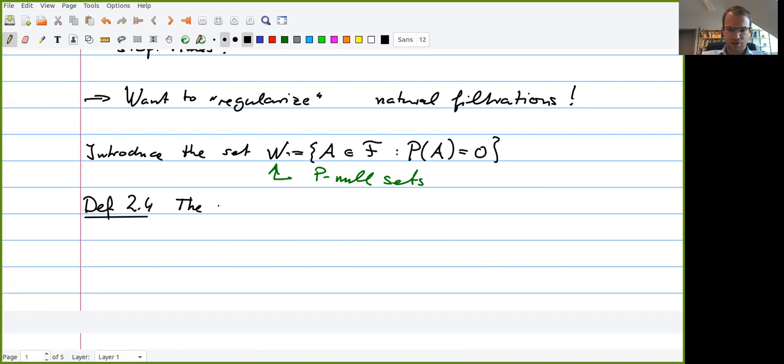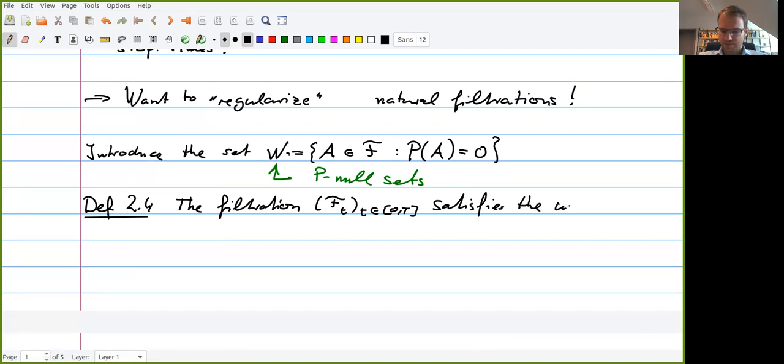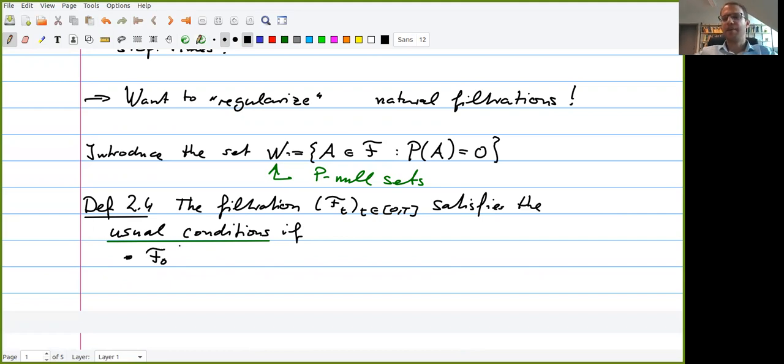The filtration, let's call it F, it's a general filtration, but of course this definition also works for natural ones, is said to satisfy the usual conditions if, and this is what we define with usual conditions, first assumption, as I said, I want that the sigma algebra at every time contains the null sets.